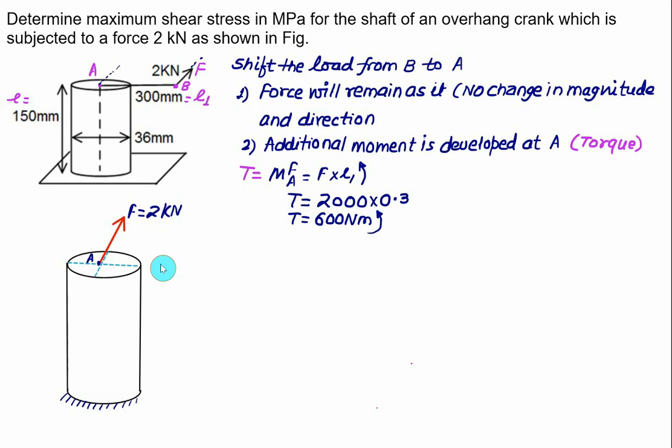So this torque you have to show in this plane. Let's represent the torque here. This one is the torque equal to T, and the diameter of the cylinder is equal to 36 mm. The length of the circular shaft is equal to 150 mm.